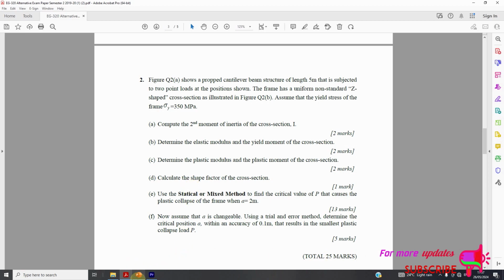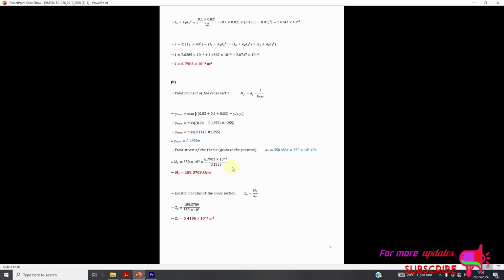Now we are in question B. Determine the elastic modulus and the yield moment of the cross-section. The yield moment of the cross-section, My, is equal to stress multiplied by moment of inertia over Y max. Y max is given by that formula; if you simplify, you get 0.1255. The yield stress of the frame is 350 MPa, that is 350 times 10 to the power 3.